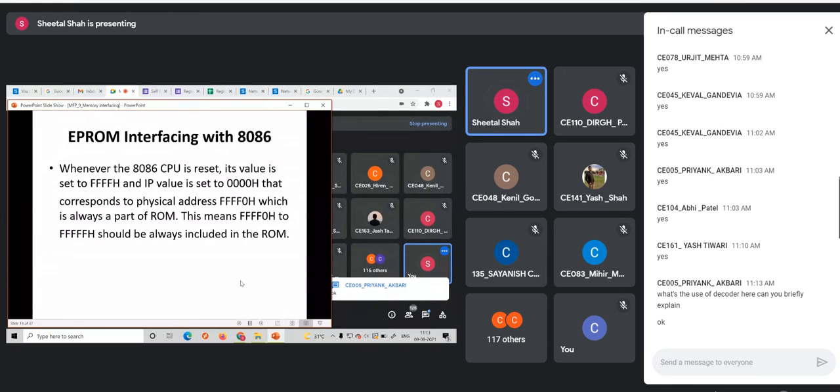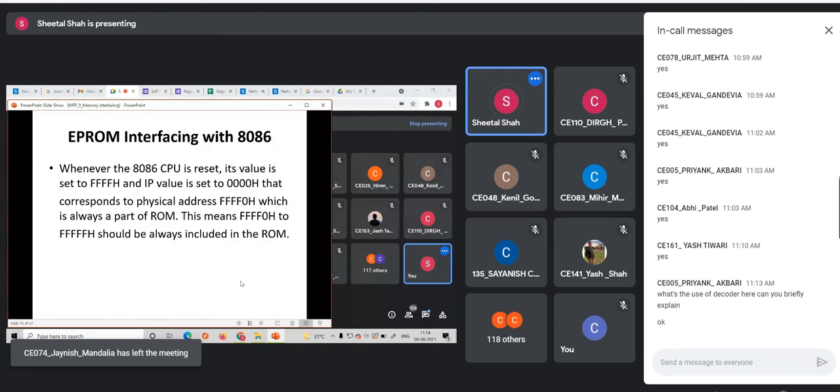Understood? Okay. So there are certain examples of this. We'll see as we go further. EEPROM interfacing with 8086. As I said, whenever we reset the processor, the default address the processor would point to when it resets is FFFF0.